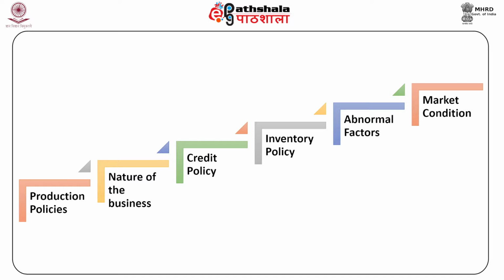Number 4, inventory policy. If inventory is efficiently managed, less working capital is required. However, if inventory is not properly managed, more than required purchases are made, and a large amount of working capital will be required.